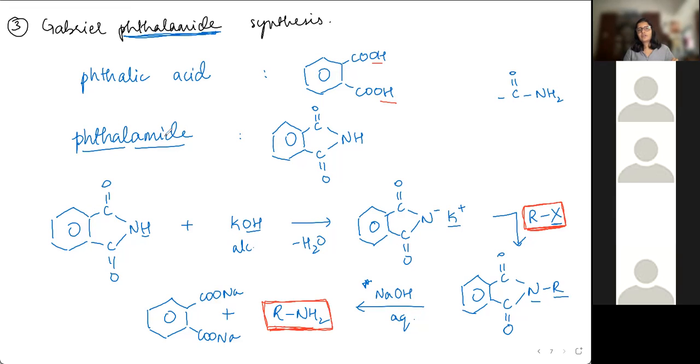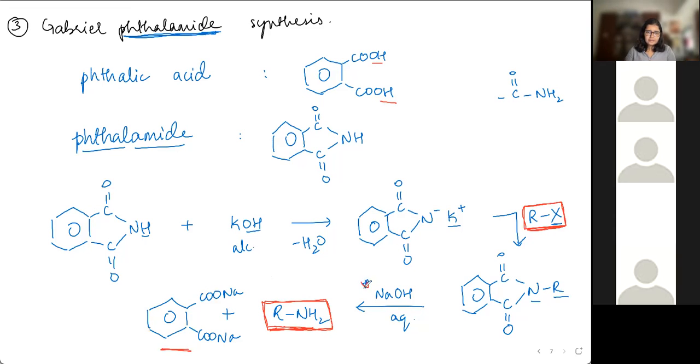This is not your source of the amine. And again, it's a synthesis that we study about. It's a special process because it's efficient. You regenerate your phthalic acid back, which you can again convert into an amide and then get the amine out of it.